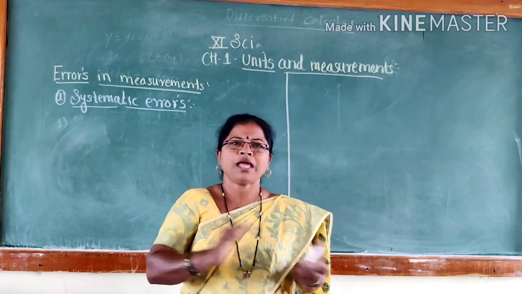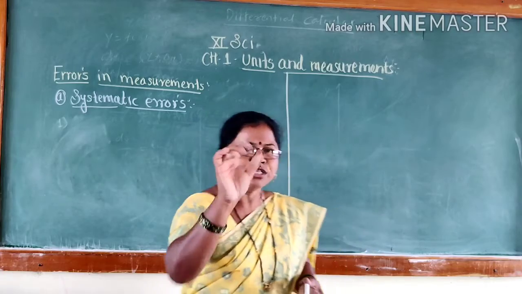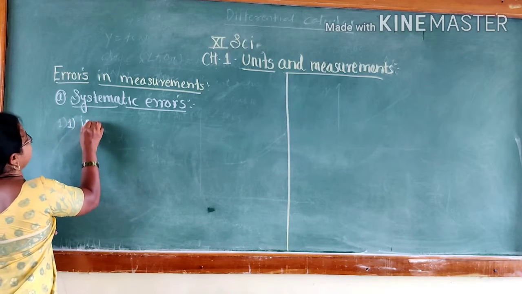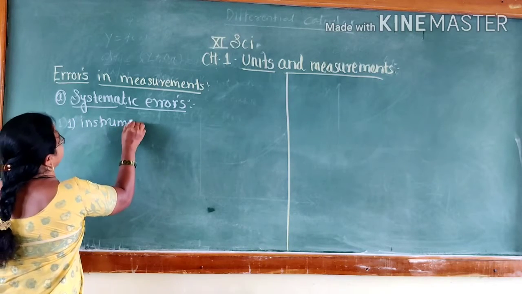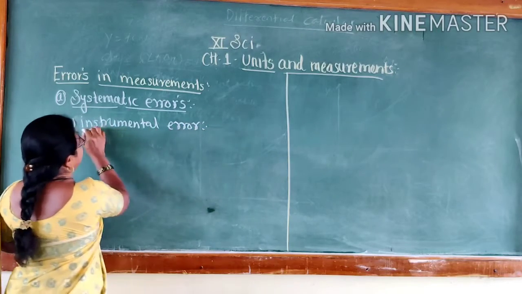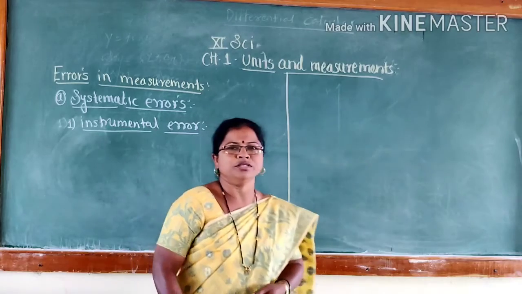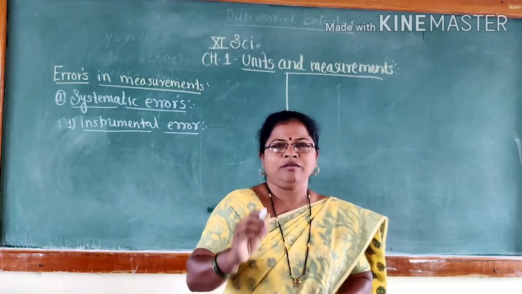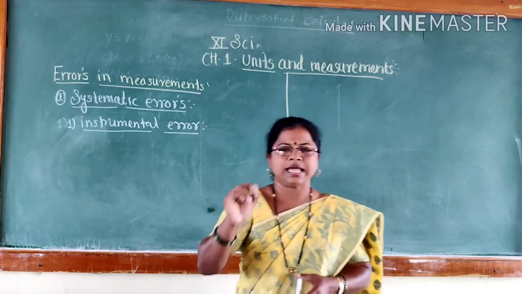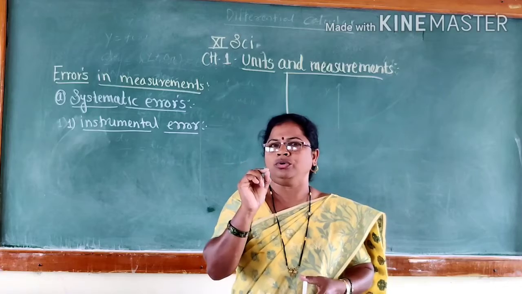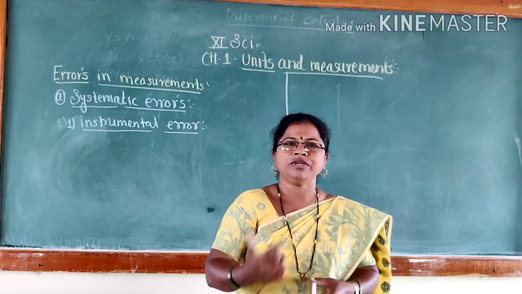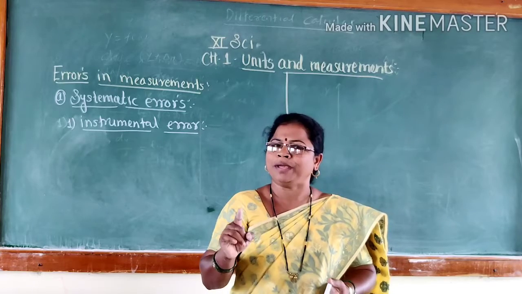From that, the first one is instrumental error. Instrumental errors are due to the instrument. For example, a thermometer. If zero is not placed properly, then the reading which we take will not be clear.